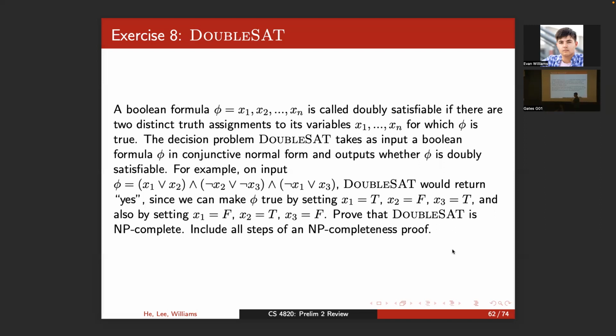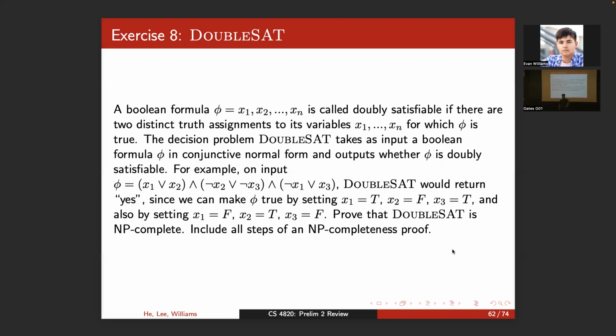It doesn't have to be like 2, right? Doubly satisfiable if there's at least... produce three sets by, for every clause, negating the clause.